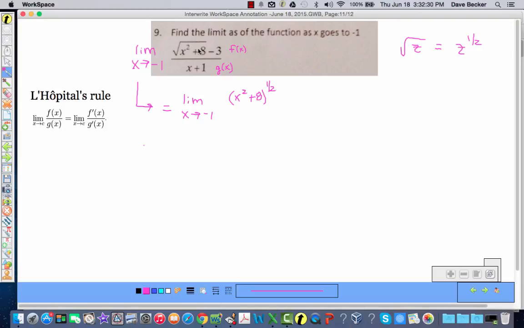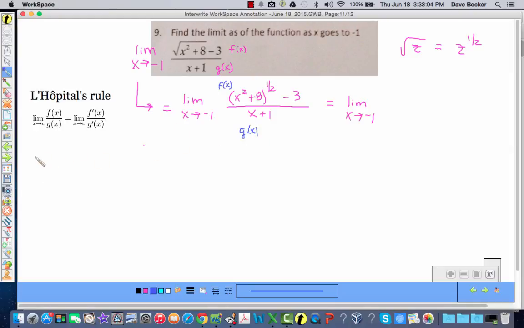Whatever's under the square root, in this case x squared plus 8, we raise to the 1/2 power, minus 3 over x plus 1. Okay, well that's going to be equal to the limit as x approaches -1 of the derivatives of these. So I'm going to refer to this top one here as f of x, and the bottom one here as g of x as I do my scrap work over here.